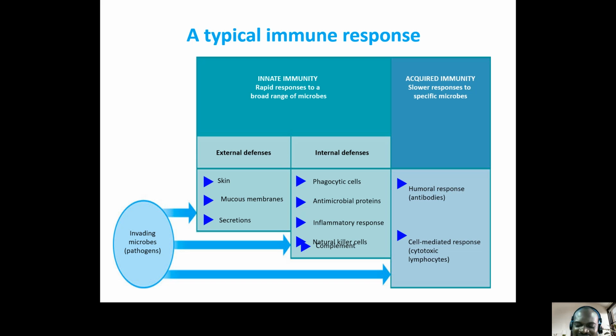It can also be activated via vaccination. We give you vaccines, and so your body develops a response against infection. So we'll talk about this humoral response, the body trying to store some antibodies in response to an infection for the second time.